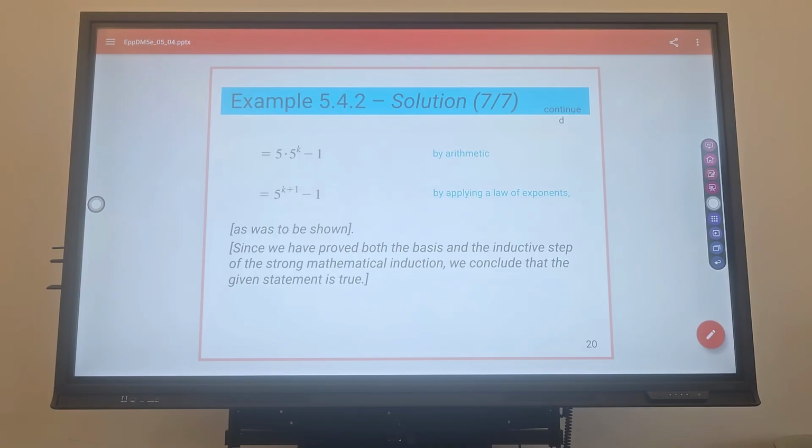This was to be shown. Since we have proved both the basis and the inductive step, we conclude that this given statement is true.